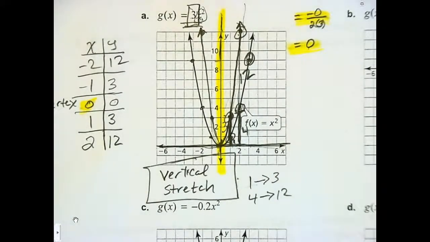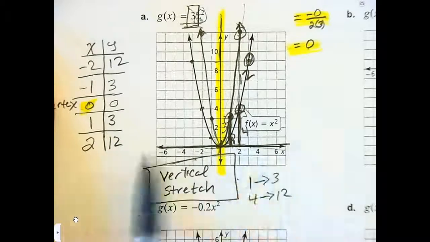Okay, what are we stretching? We're stretching the length of the graph away from the what? Where are we stretching it away from? Yeah. We're stretching away from 0, which in this case is our x-axis.